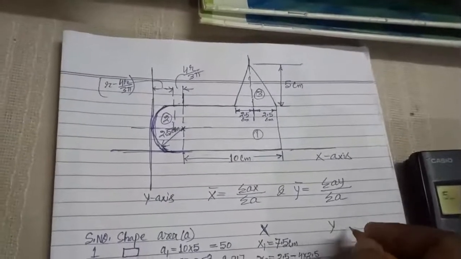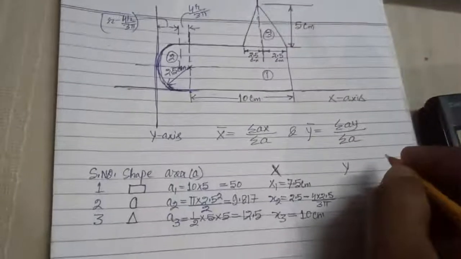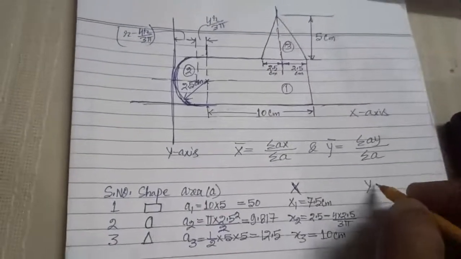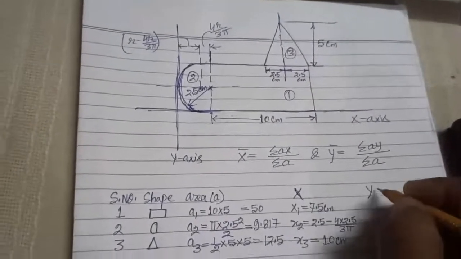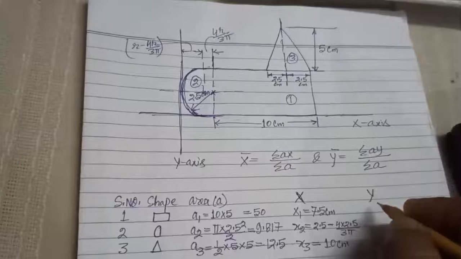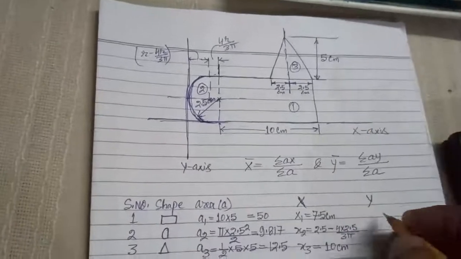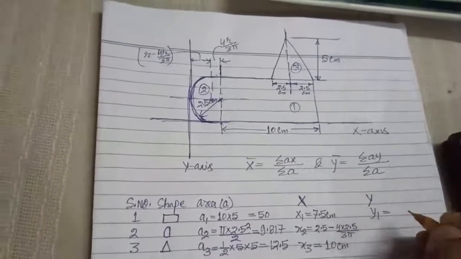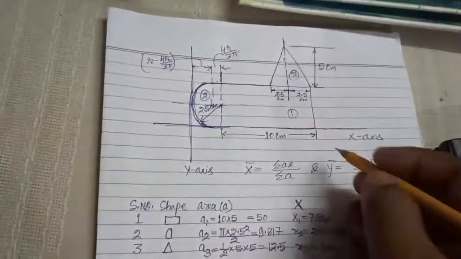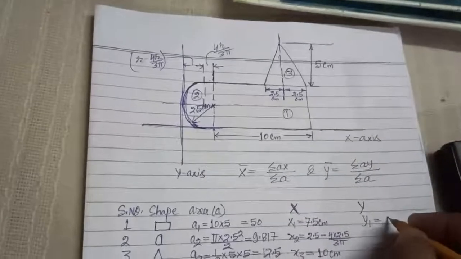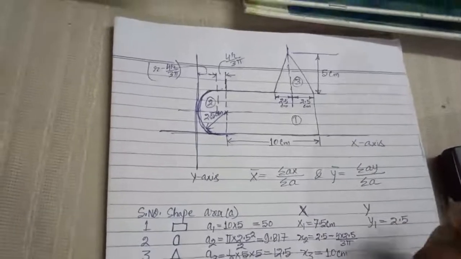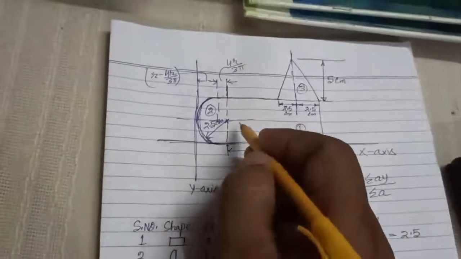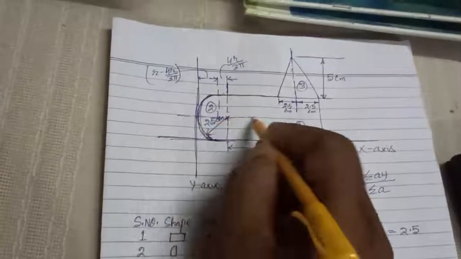Now y. Y is the distance of the centroids from the x-axis. So y1 is for the first figure. From here it is at 2.5. For the semicircle it is at this line.